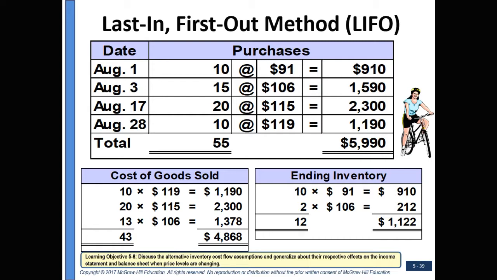The remaining 12 items would be comprised of the 10 that were in beginning inventory at 91, and then the remaining 2 from August 3rd at 106, for a total ending inventory of $1,122.